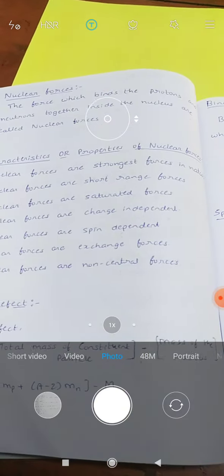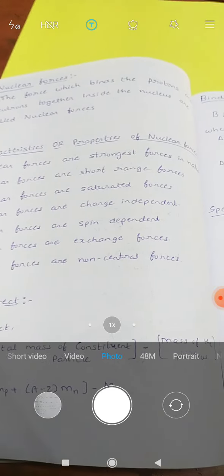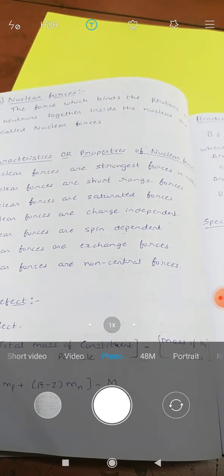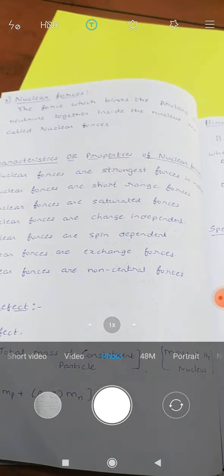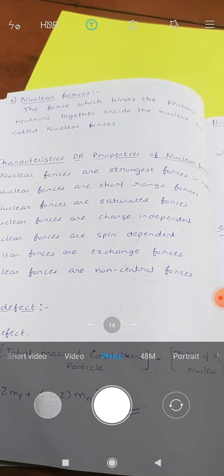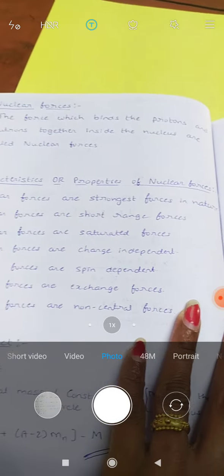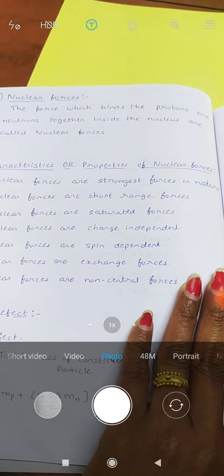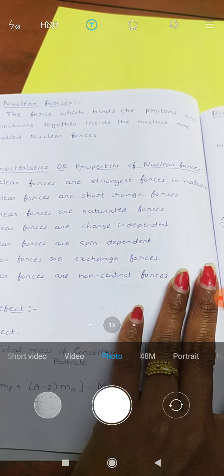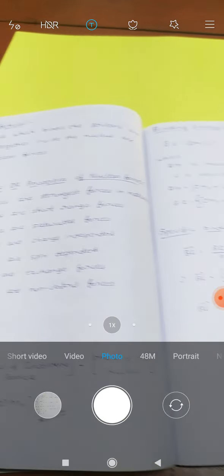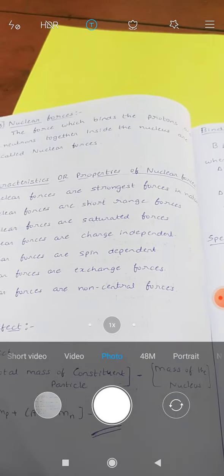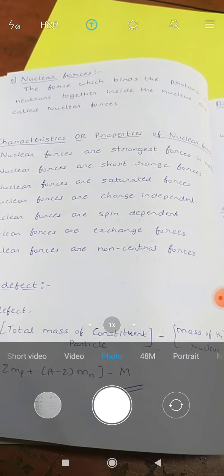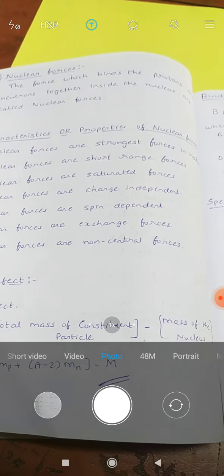The force that holds the protons and neutrons in the nucleus of the atom, we call nuclear force. So its definition is the force which binds the number of protons and number of neutrons together inside the nucleus, called nuclear force. Nuclear force is a very strong force in nature. This is one of the strongest forces in nature.